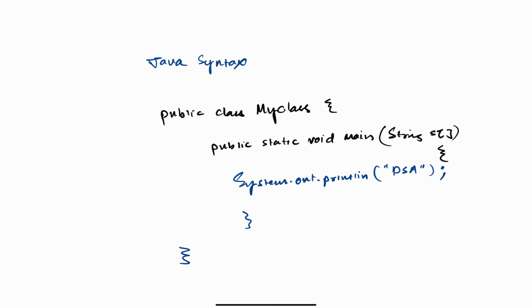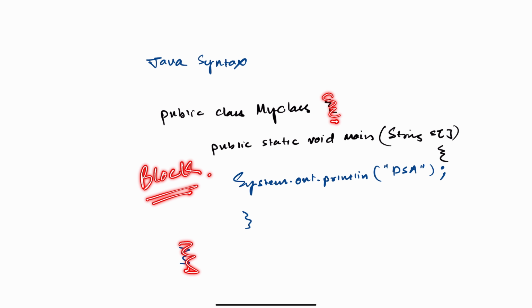That means we cannot write this as capital Main. No, this is a class, but here it is small main. This represents the method, and this piece of code is called a block. When I say block, it is multiple statements within these curly brackets.